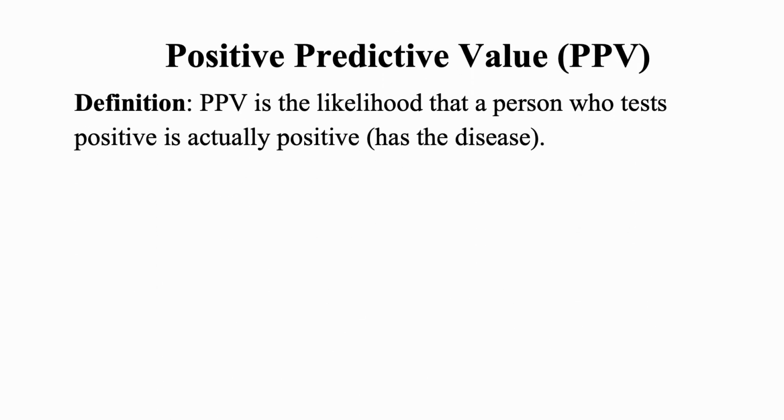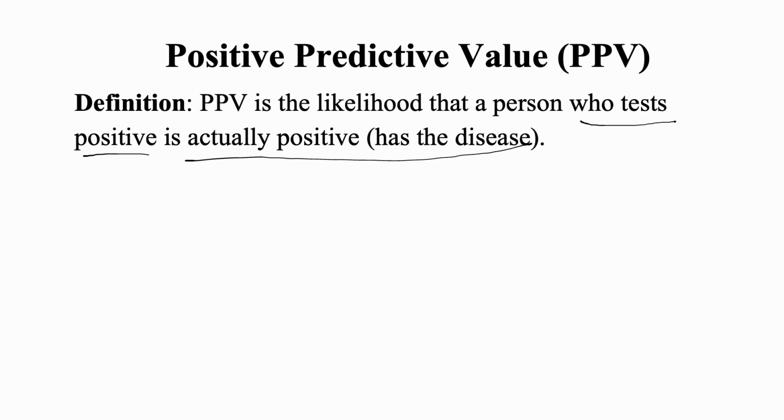All right, like I alluded to, let's talk about positive predictive value and negative predictive value. Positive predictive value is the likelihood that a person who tests positive is actually positive. It's pretty simple, actually. It is exactly what the name says it is: how good is this test at predicting if a person actually is positive.